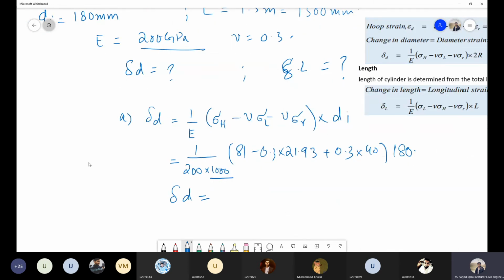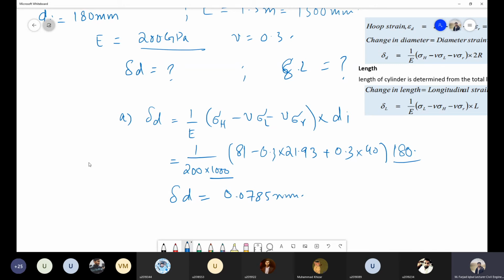So what is the change in diameter now? Change in diameter comes out to be 0.0785 mm because this internal diameter was also in millimeters unit.